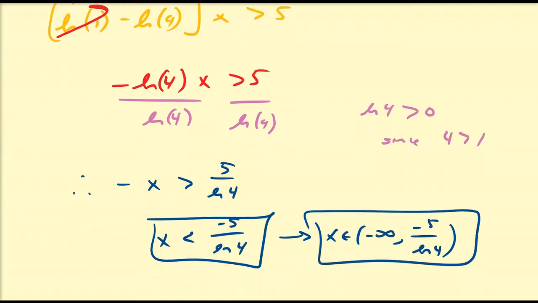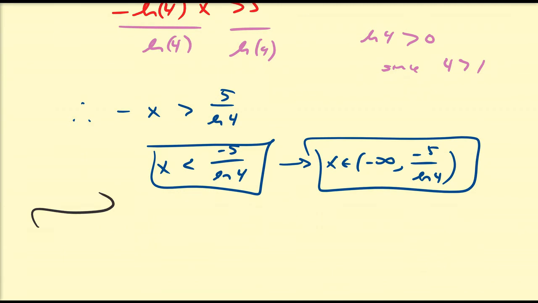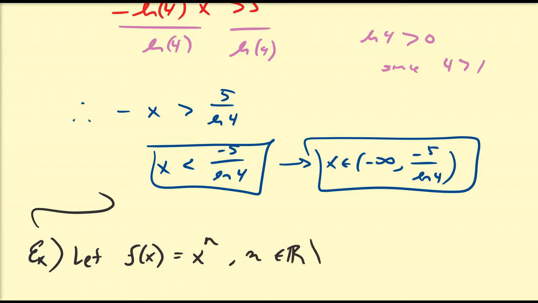Alright, so now what I want to do is look at a couple of scenarios where we start mixing logarithmic functions with other functions. So consider the following scenario. Let f of x be equal to x to the power n, where n is a real number not equal to 0. And we're going to let g of x be equal to, say, the natural log of x.